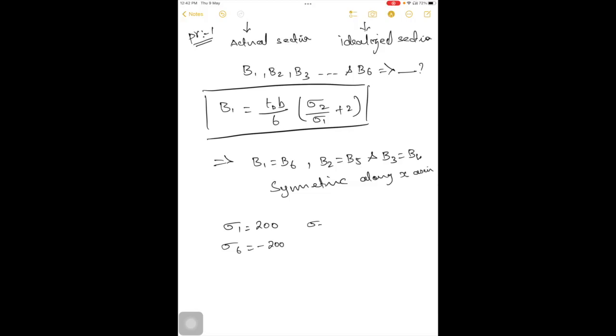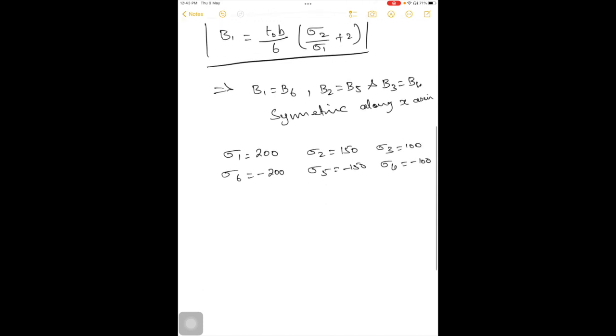Similarly, sigma 2 equals 150, sigma 5 will be minus 150, sigma 3 equals 100, and sigma 4 equals minus 100. Now we know all the values of the parameters in the formula.